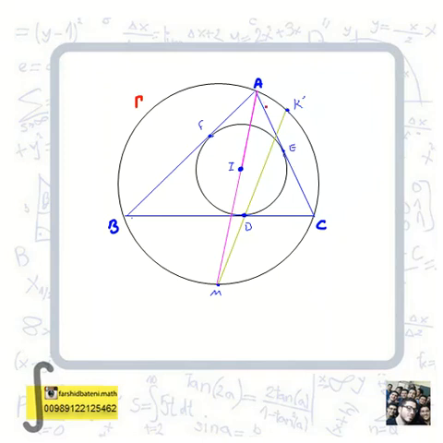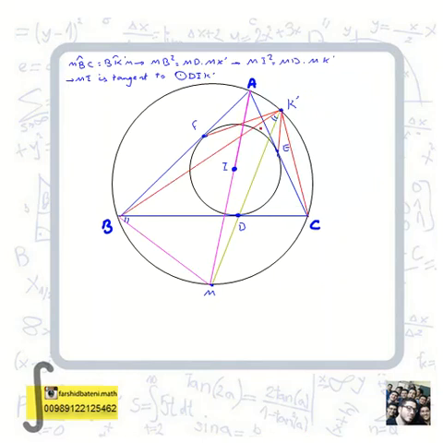So let's see, we want to find the angle AK'I. At first, we know that this angle is BM over 2 and this angle is MC over 2, and as we've drawn AI, this is the bisector, so we know M is the midpoint of this arc, so BM equals MC, and we can conclude that these two angles are equal.